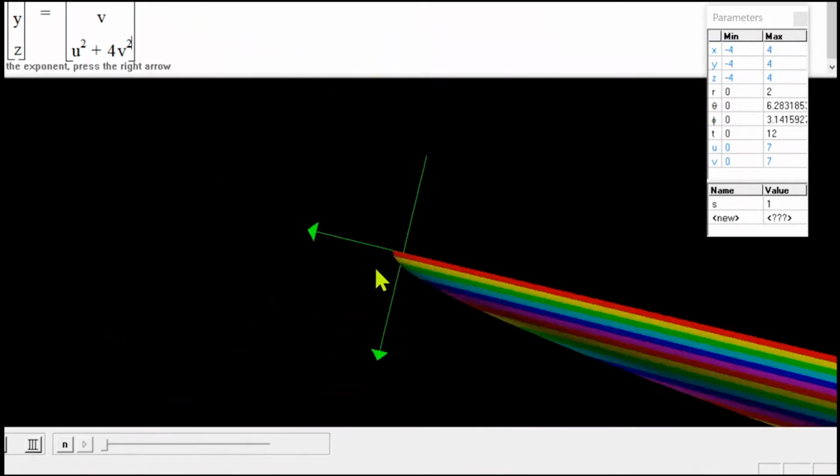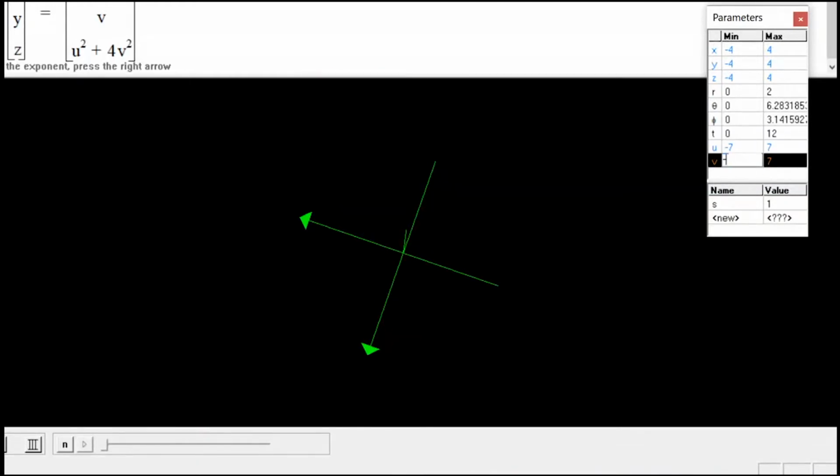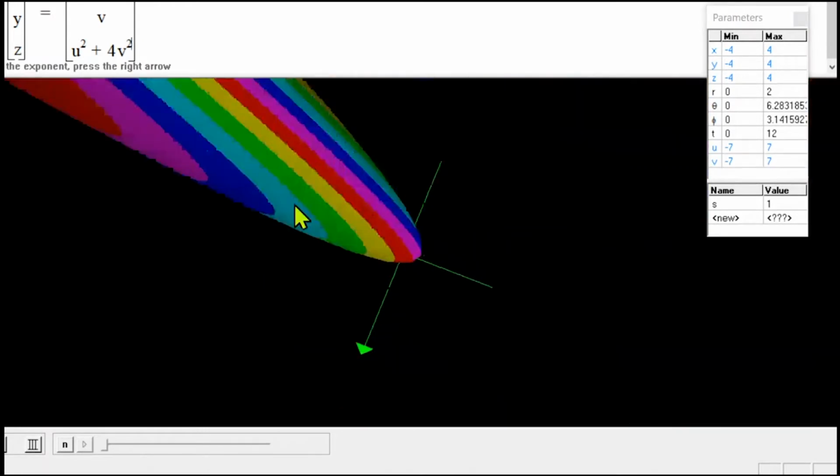Okay, it's only showing you part of the paraboloid at the moment, but that's because of this parameter setting. So I'm going to set this one and this one to start from -7, and V start from -7. We need the positive and negative side. Let's see our paraboloid.